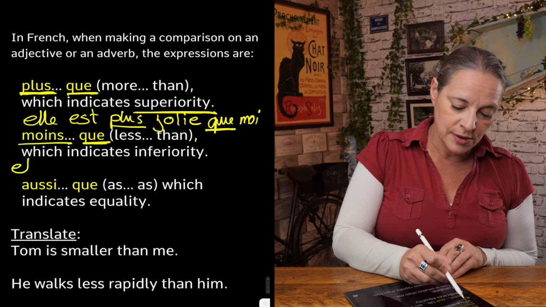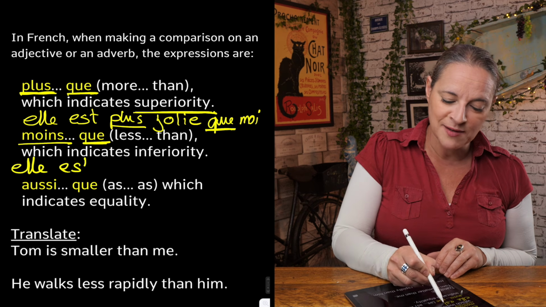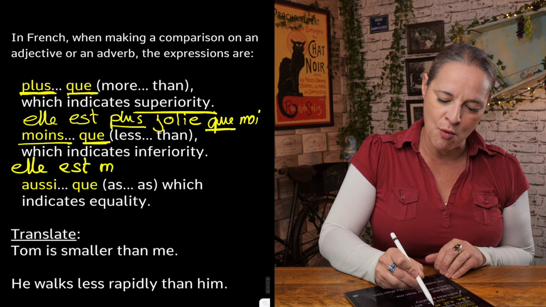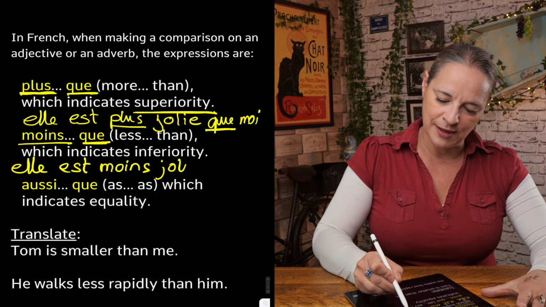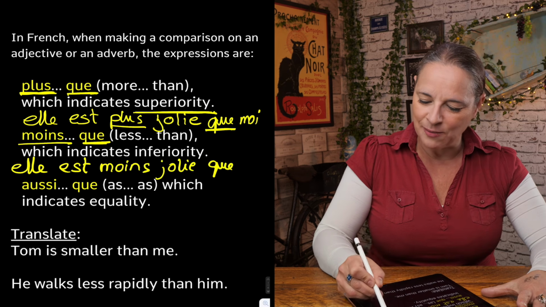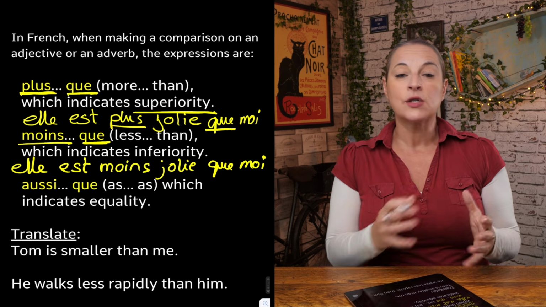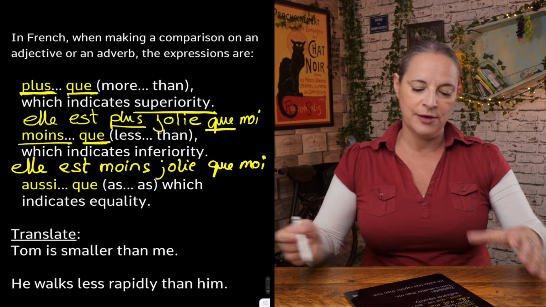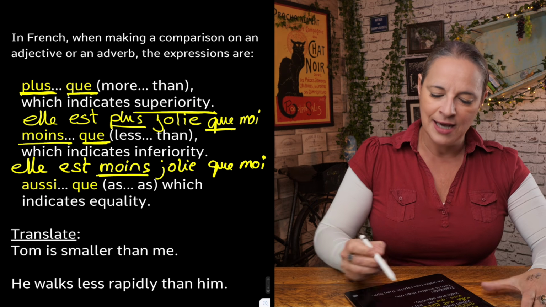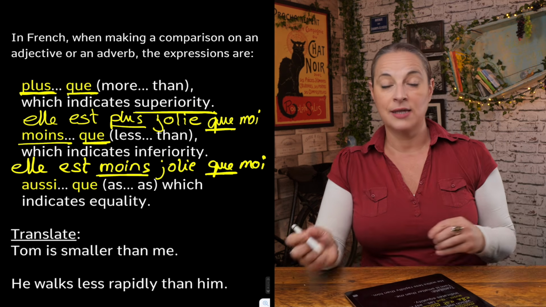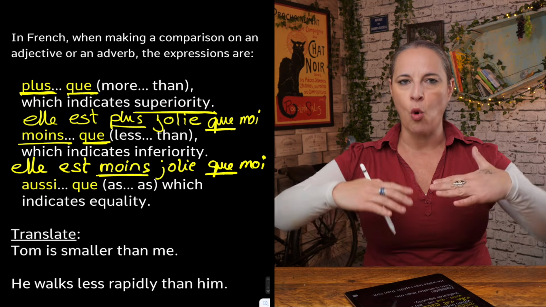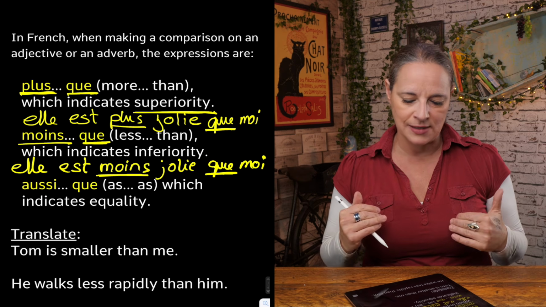You would say elle est, so go on, yes, well done, moins, and then jolie, très bien, and then que, très bien, and moi, okay? So, elle est moins jolie que moi. So, we're using the inferiority comparatives here, okay? That indicates inferiority. So, moins, which means less, okay?